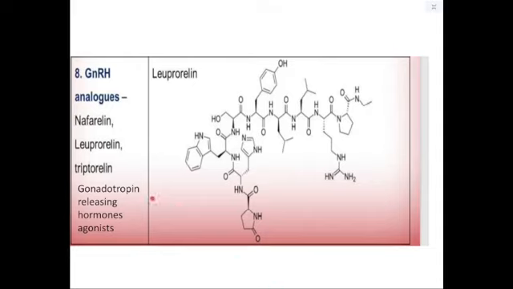Then you have the gonadotrophin releasing hormone analogs. Again, we have examples such as nafarelin, leuprorelin, and triptorelin. Again, these are complex structures.